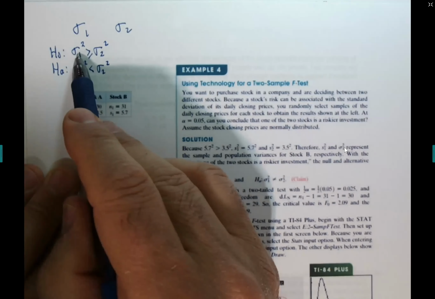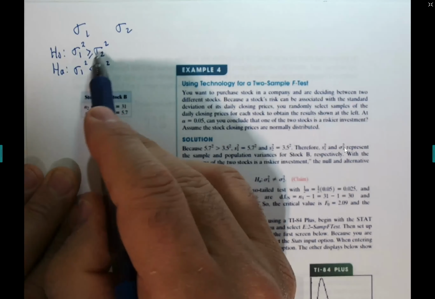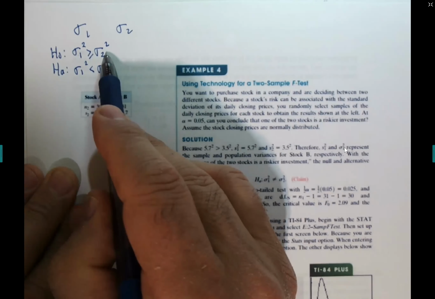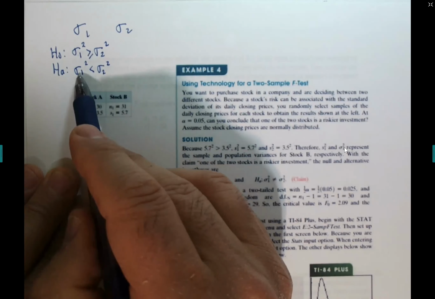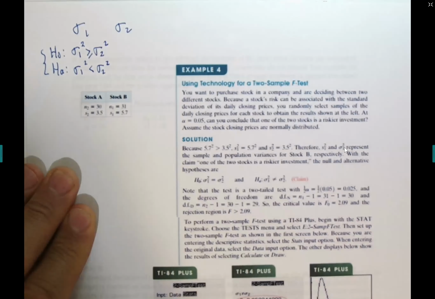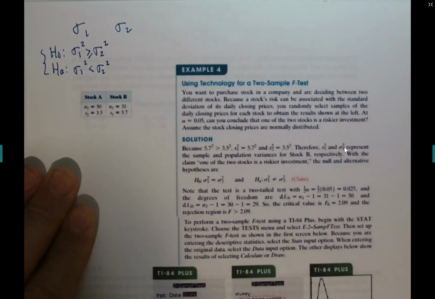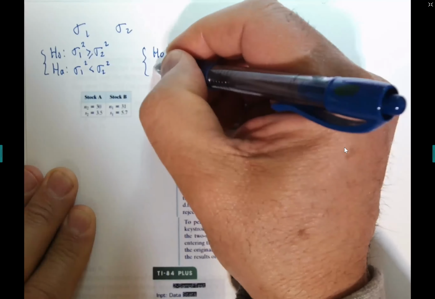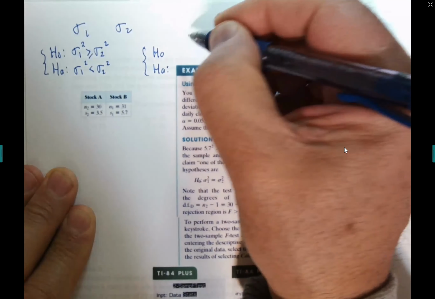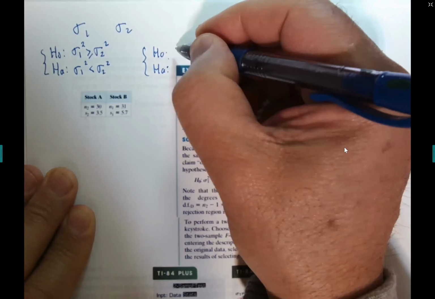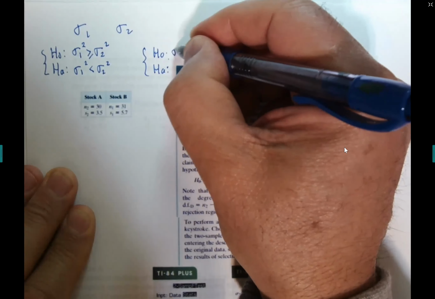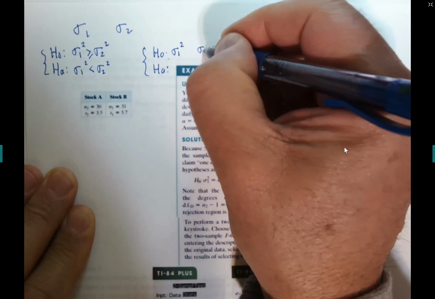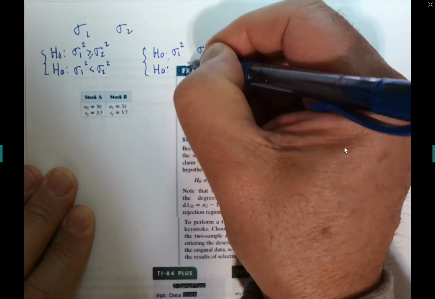Population variance 1 is greater than or equal to population variance 2. Population variance 1 is less than. This is 1. What would be the second one? Would a student help us out here? Okay, I'll put the sigma 1 squared, sigma 2 squared here for convenience.